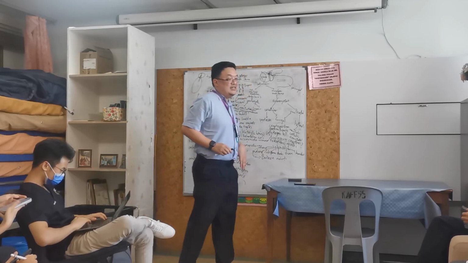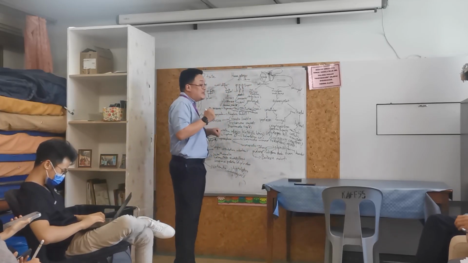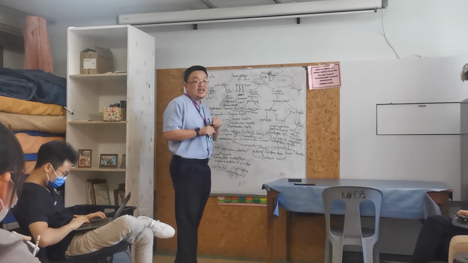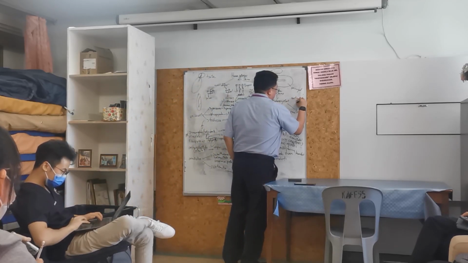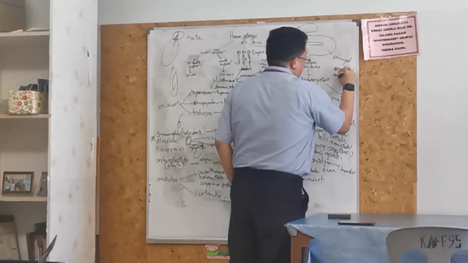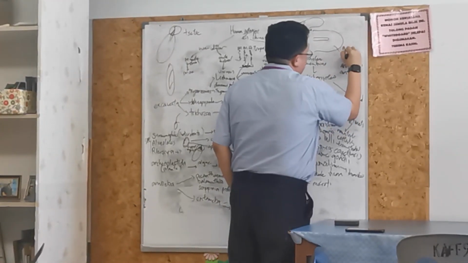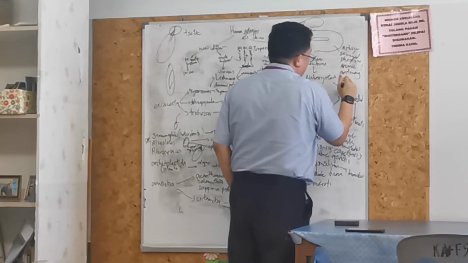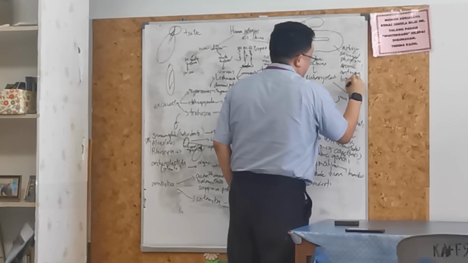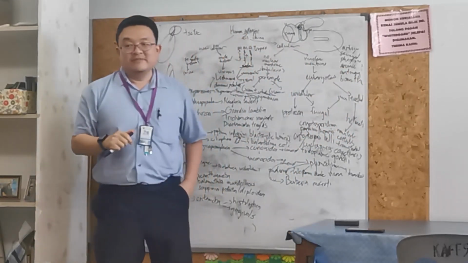Sounds like something Marvel. No, it's actually one of your elements. If I can remember, arsenic is above it. Nitrogen, phosphorus, arsenic, antimony, and bismuth. Correct or not?